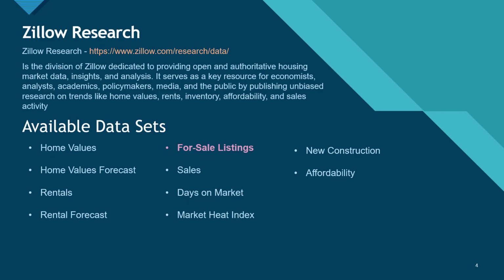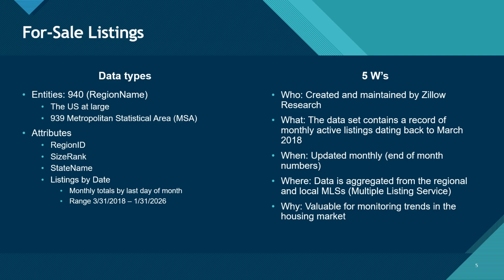On Zillow Research, there are many datasets available for download. While some of these sets provide an excellent analysis, for our purposes, we want to have a look at some raw data. We're going to dig deeper into the for sale listings. Currently, the data available for the for sale listings dates back to March of 2018.